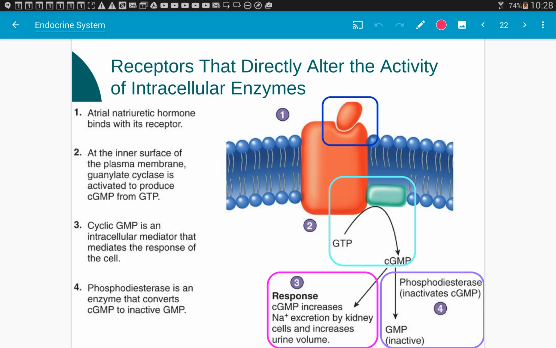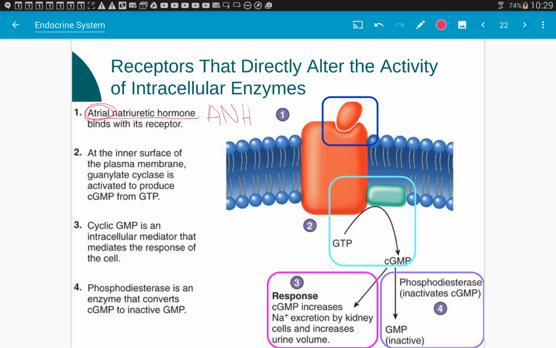Okay, now we're going to talk about a different type of response. So receptors that directly alter activity of enzymes inside the cell. The example we're going to talk about is atrial natriuretic hormone, abbreviated ANH. Okay, atrial. Where do you think we might find that hormone?